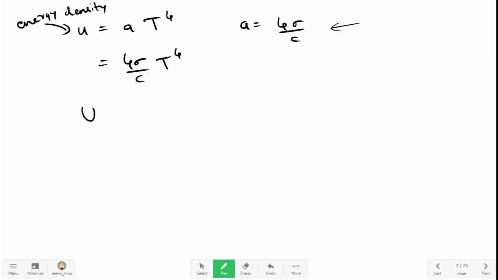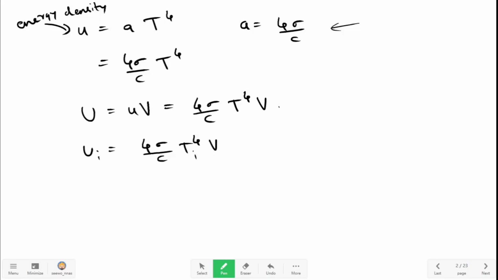So to get the energy, we will multiply small u with V. Therefore capital U is equal to 4 sigma by c T raised to 4 V. Ui, the initial energy, will be equal to 4 sigma by c Ti raised to 4 Vi. Uf will be equal to 4 sigma by c Tf raised to 4 Vf.